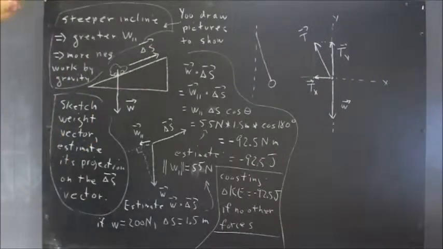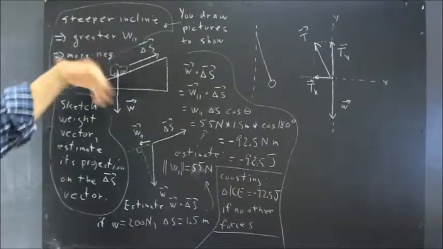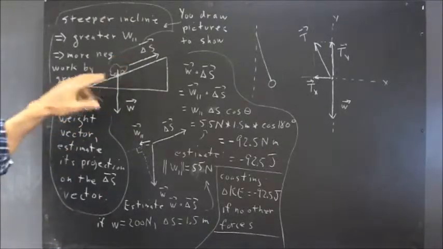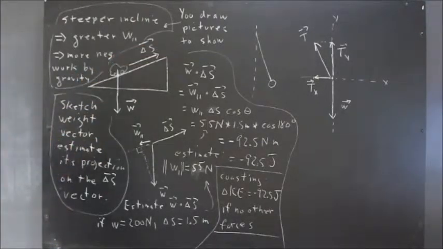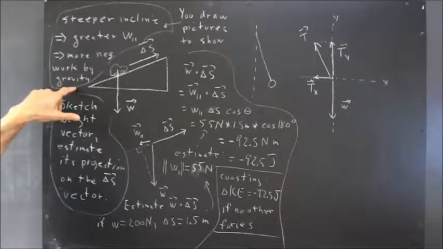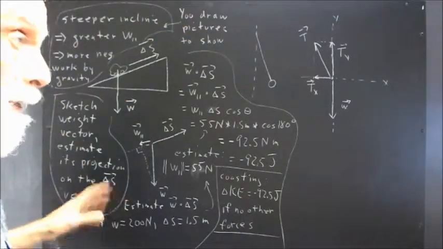Okay, well, what I wrote is, steeper incline implies a greater W parallel. Now remember, W parallel is the magnitude of the parallel component. In this case, steeper incline with a delta S in this direction implies then more negative work done by gravity. Now, I want you to draw pictures to show this. I want you to convince yourself of it.